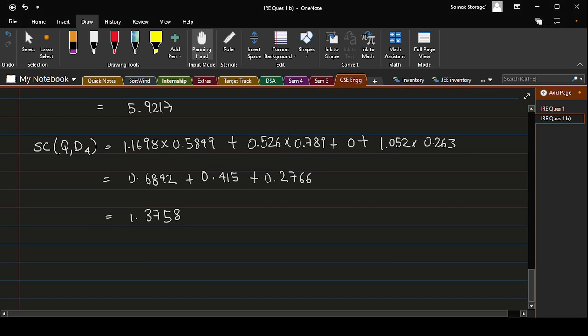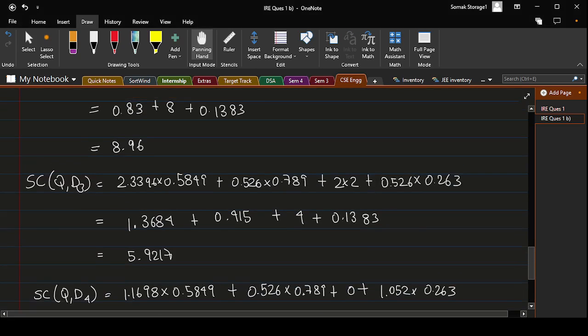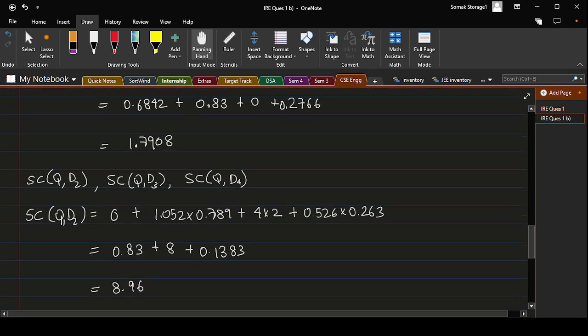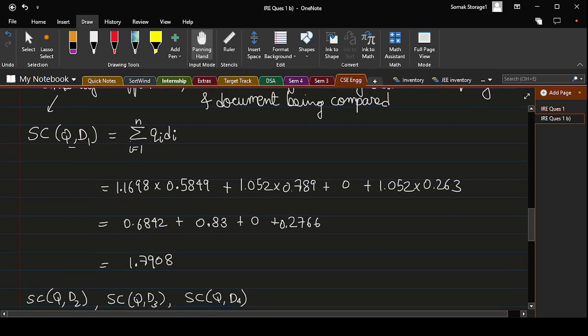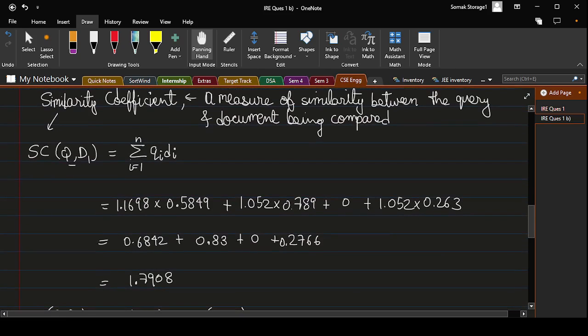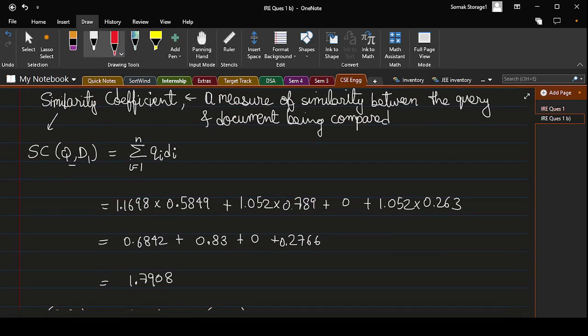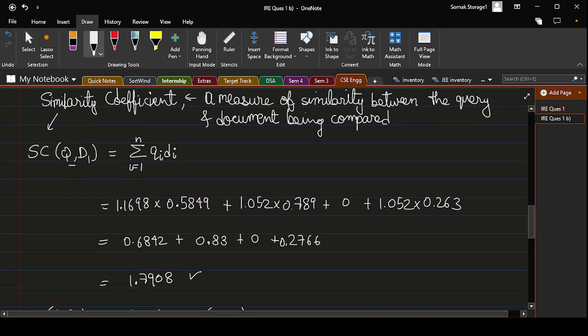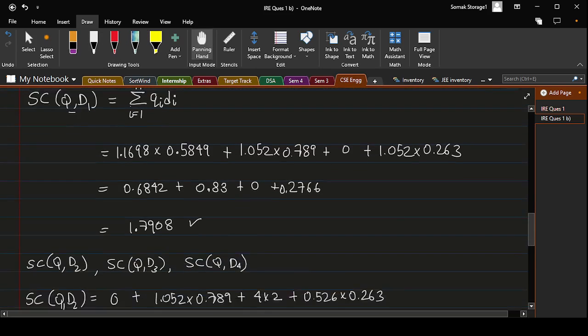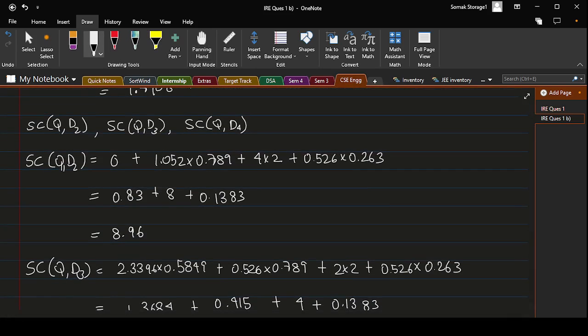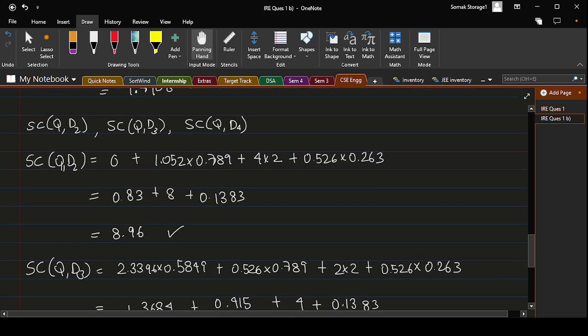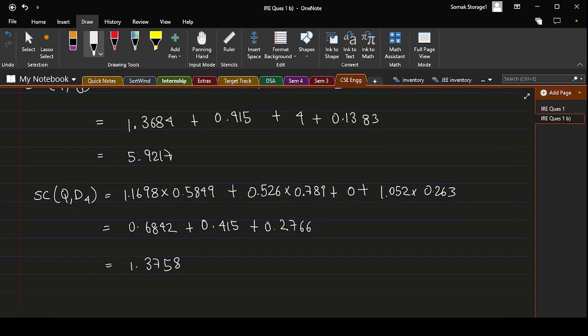Okay, so now I have calculated the similarity coefficients for all the documents, and if I just revisit the values, the similarity coefficient for the first document is 17.908, and for the second document it's 8.96, and for the third document it's 5.9217, and for the fourth one it's 1.375.